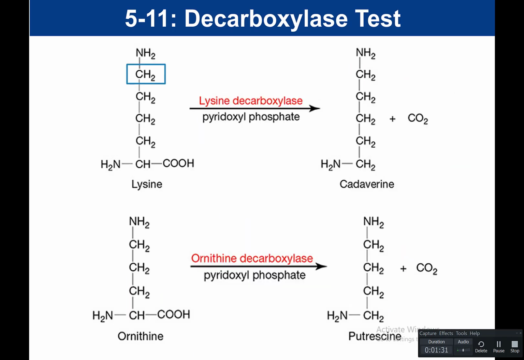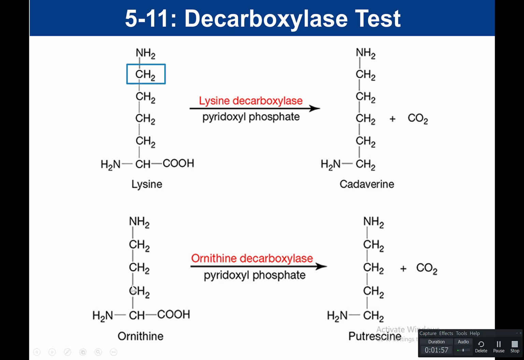So if we look at lysine and ornithine specifically, here is our alpha carbon, here is the amino group, here's the carboxyl group. This is the R group. If I compare the R group for lysine and ornithine, notice that the only difference between them is one of these methyl groups, the CH2 groups.